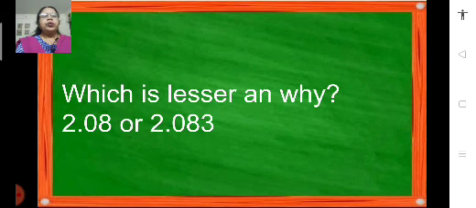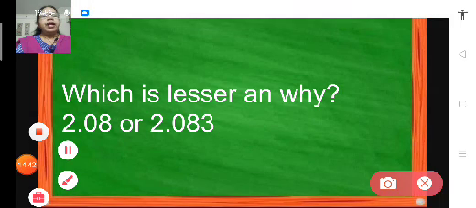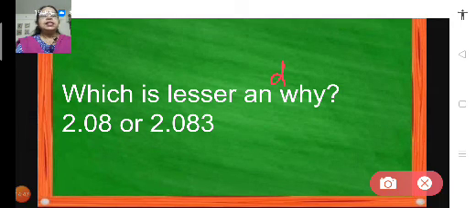Now let's move on to the next problem, which is lesser. So here we have two decimals, so we have to see which one is lesser. So what do we do? We compare them. We compare the whole numbers to the left of the decimal point, they are equal. Then we move on to the tenths place, they are also equal. Then we move on to the next place, that is the hundredths place, they are also equal.